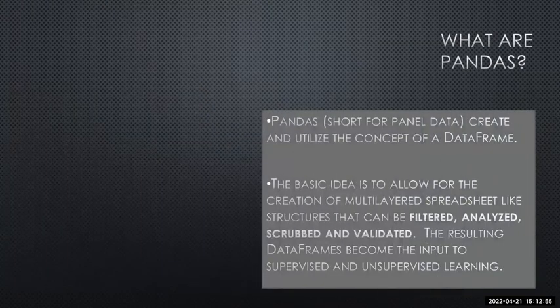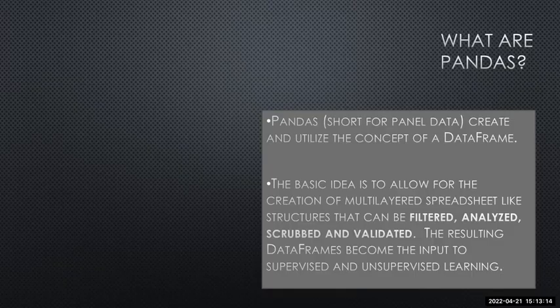We also have pandas, so short for panel data. This allows us to really visualize and understand data frames from a different level. We're talking about multi-layered spreadsheets, so we are able to filter, analyze, scrub, validate whatever data it is that we're looking at.